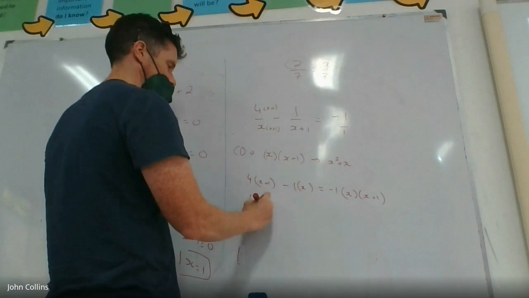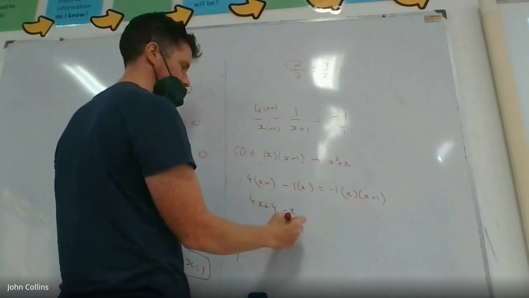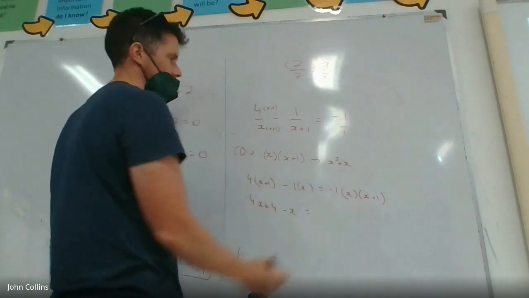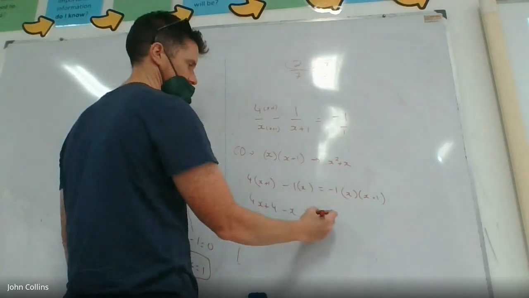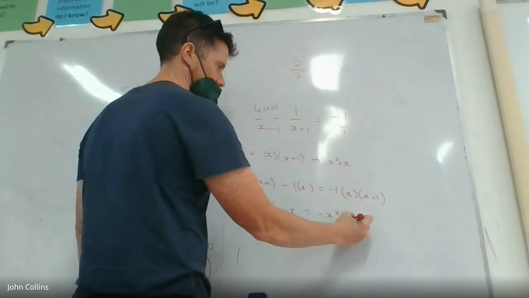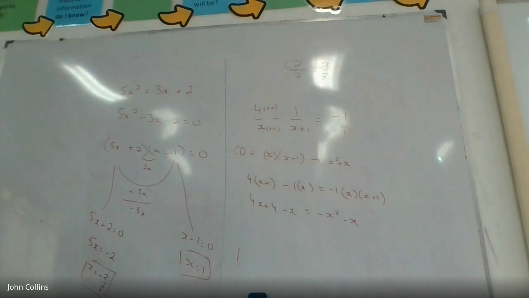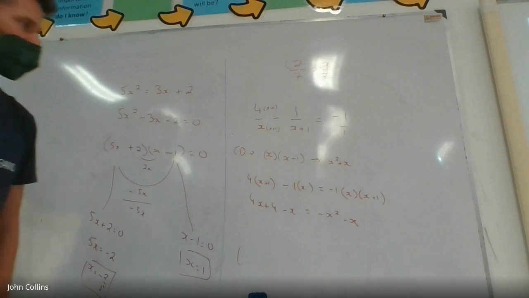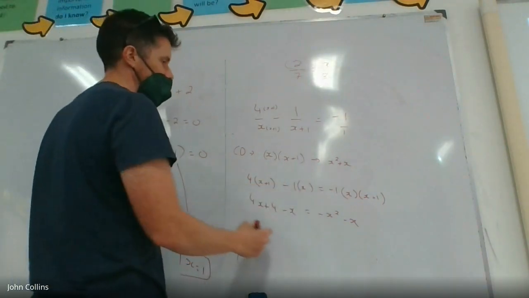Okay, so multiply out: 4x plus 4 minus x is equal to. Now, I think this x squared plus x is this bit, and must be minus x squared minus x when I multiply it out. Quick rearrange, bring everything to one side and add and subtract like terms.